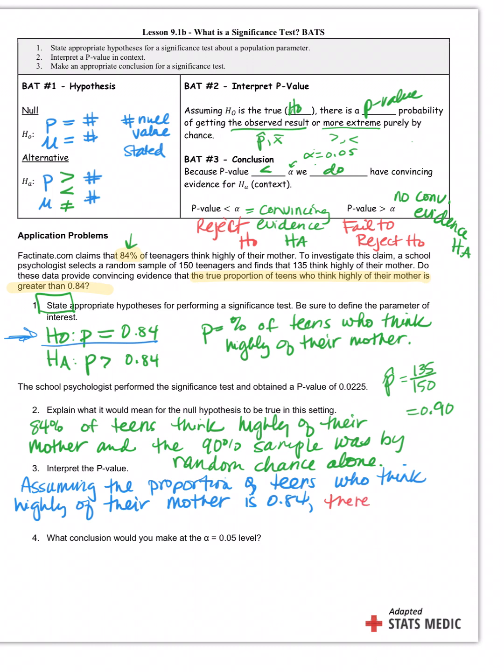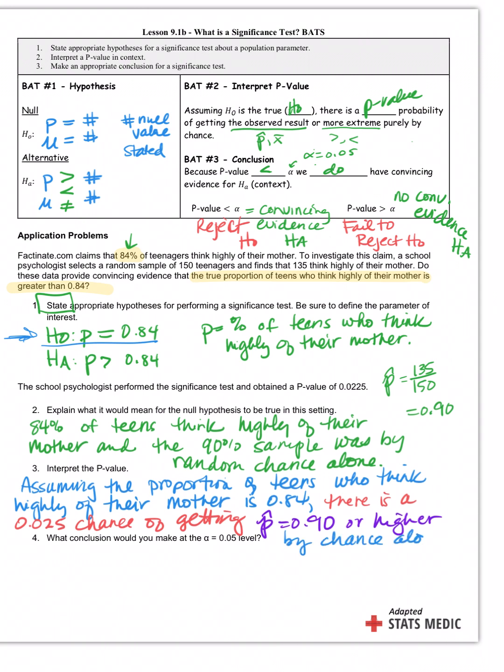There is a 0.025 chance of getting what? Yeah, of getting a p-hat of 0.9 or higher or lower? Higher, right? We use the greater than. Or higher by chance alone. Good, good, good, good.